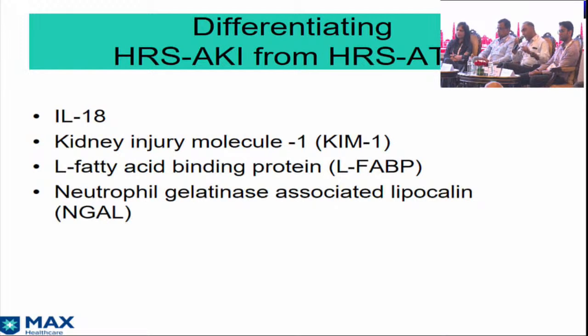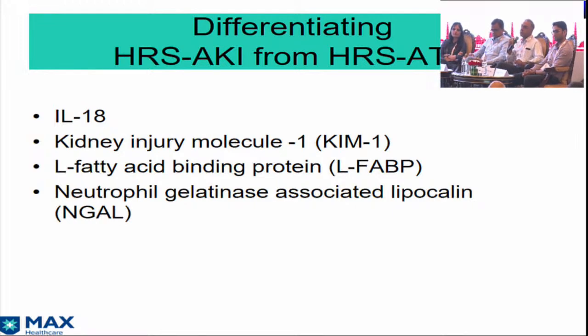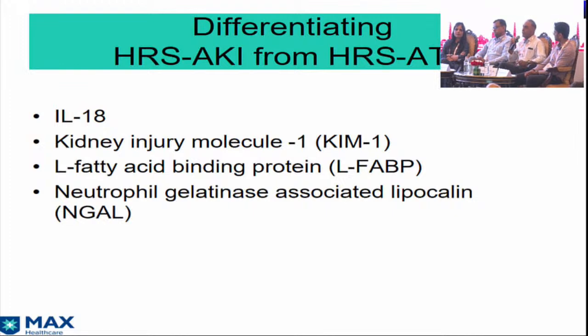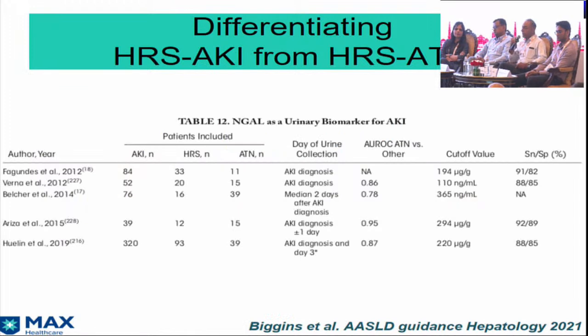And differentiating between ATN and HRS, yes, here the scientific community is in a better situation, because over the past decade or so, multiple urinary biomarkers have been investigated. Important ones among them are NGAL, IL-18, KIM-1, and liver-type fatty acid binding protein.